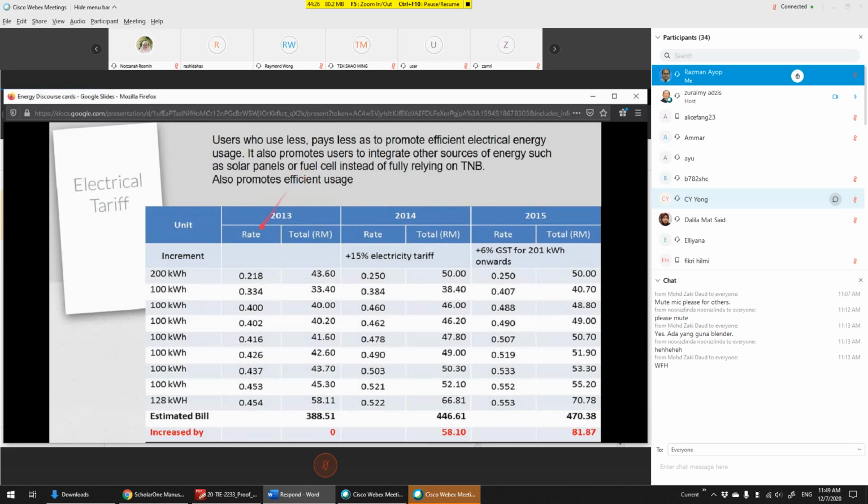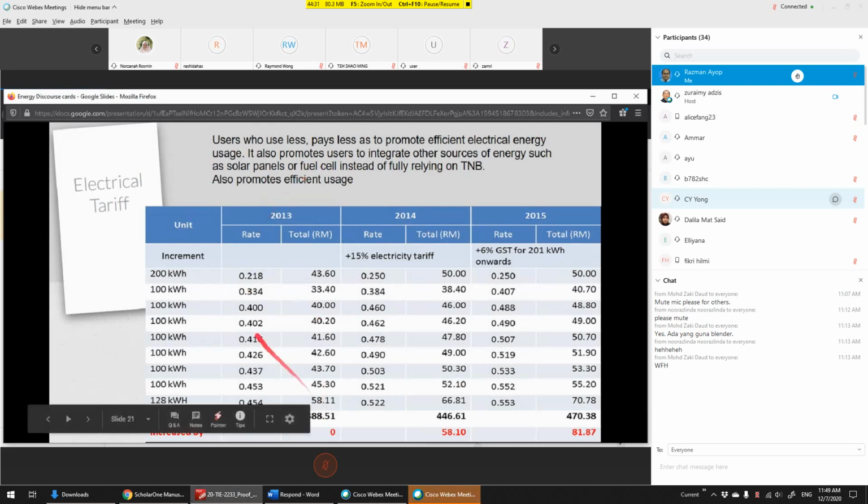If you can limit your usage, see, if you use around 200, 300, 400, 500, 600, 700, 800, 900, if you use 1028 kilowatt hours per month, you have to pay 388 cents at 2030. So the tariff is there. How is it built?